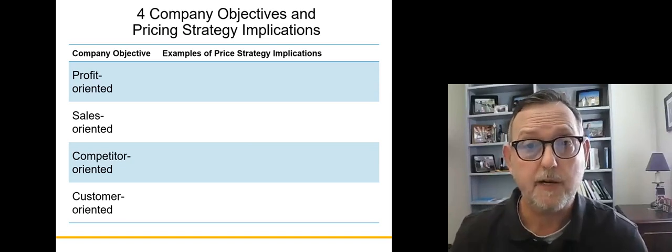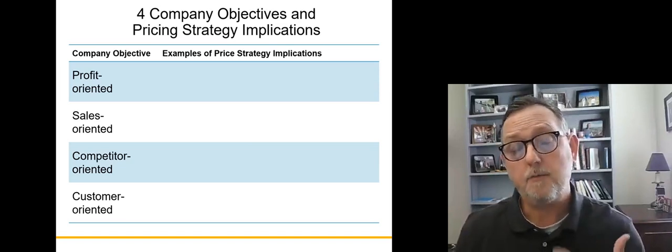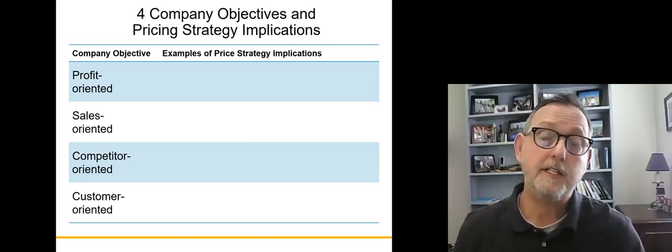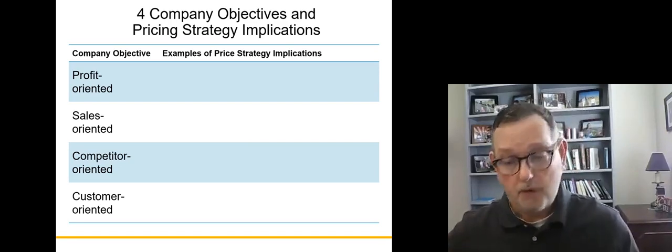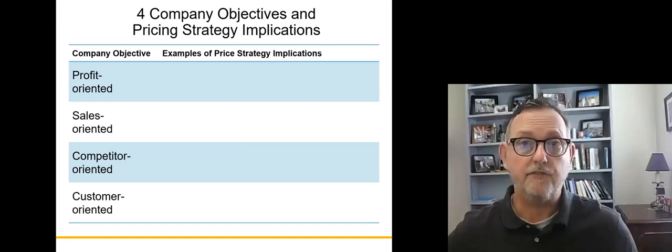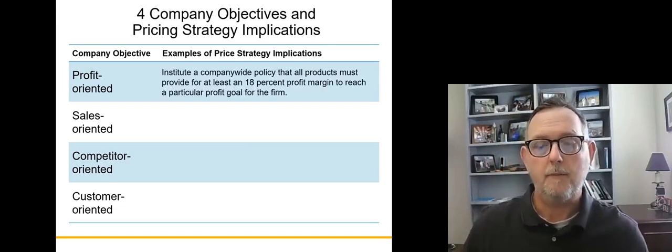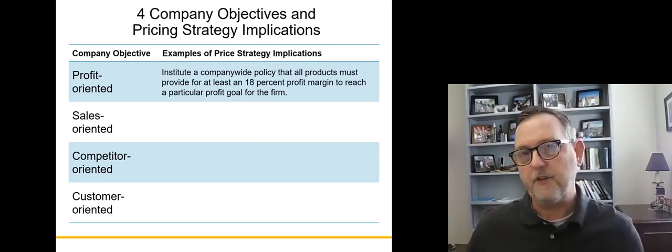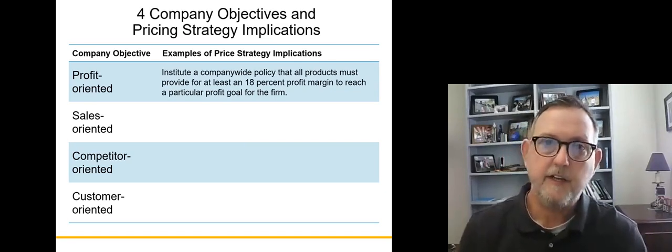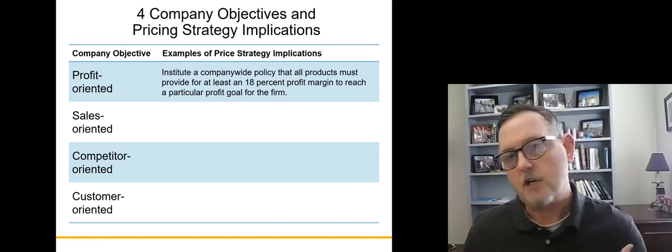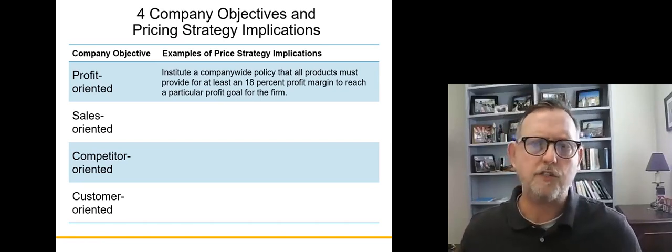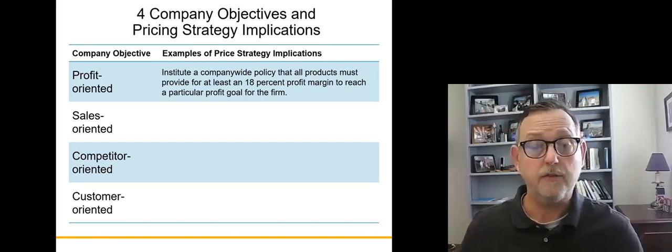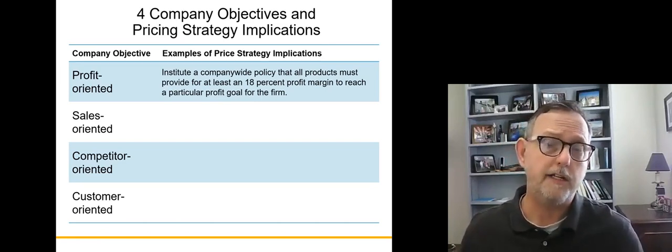Being profit oriented means we think about profit margin as our focus. We might also think about return on investment, or maybe a target return of some type. But again, these goals are going to be profit-related.